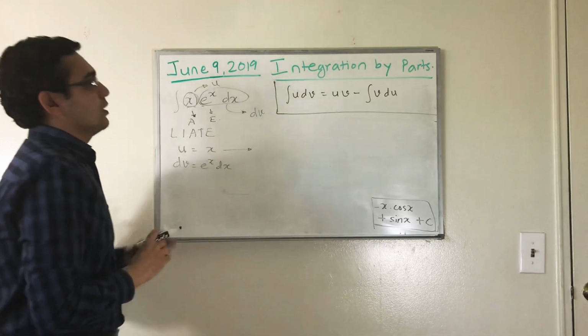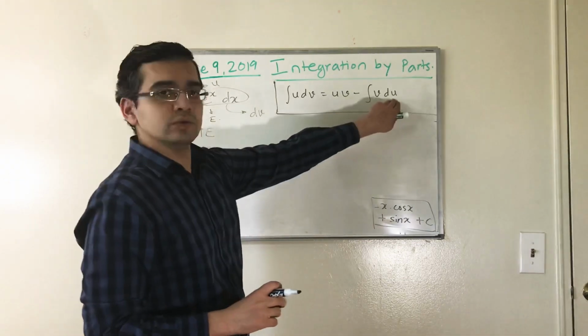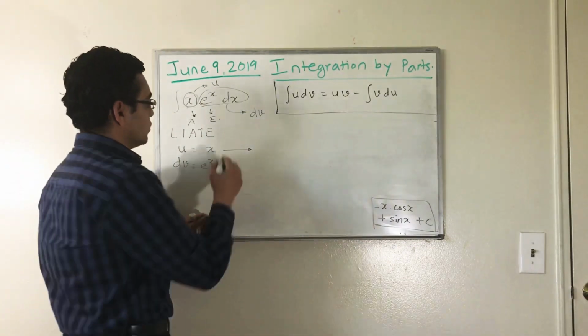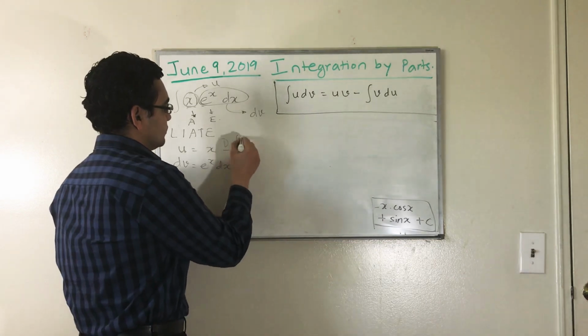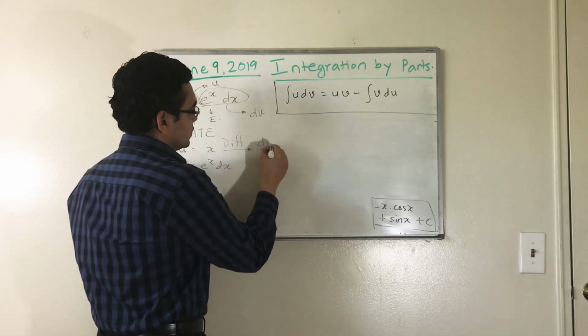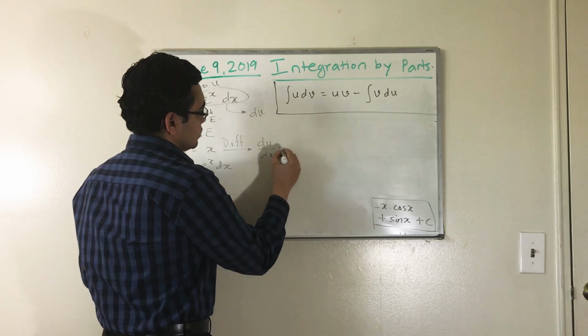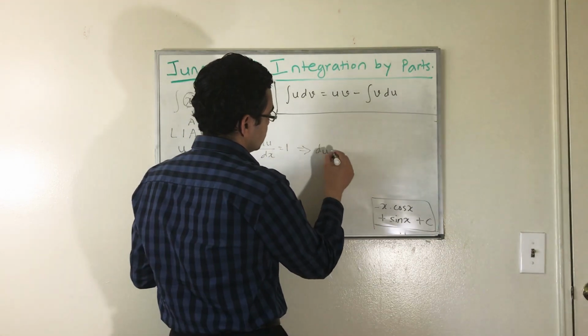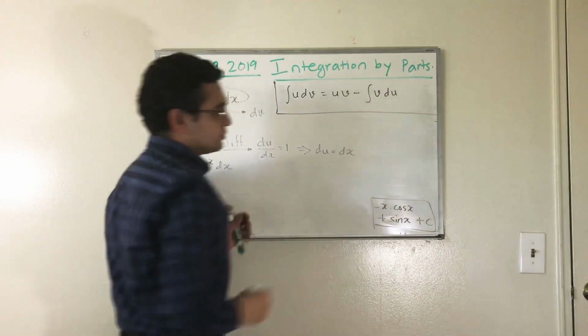Now I want to know what is du and what is v. So I'm going to differentiate this. Once again, du over dx gives me 1, which gives me du equal to dx.